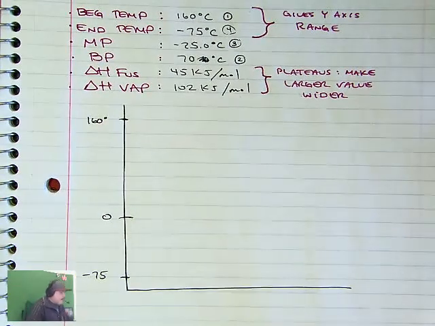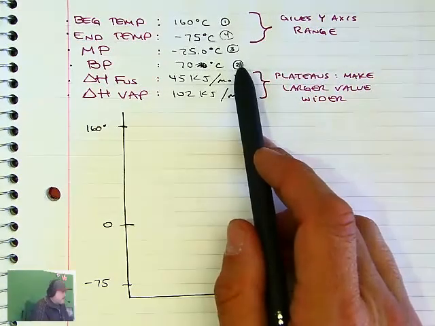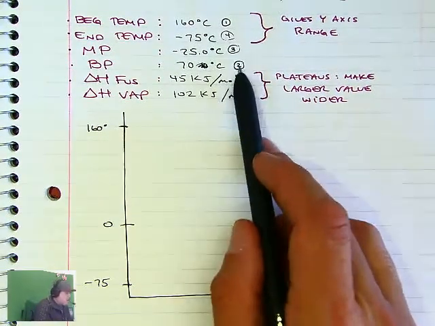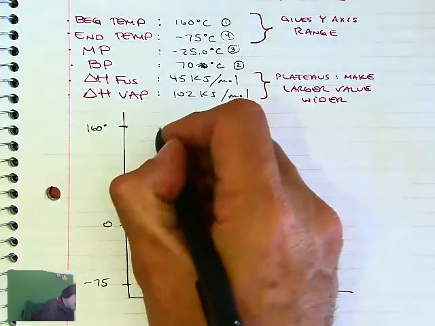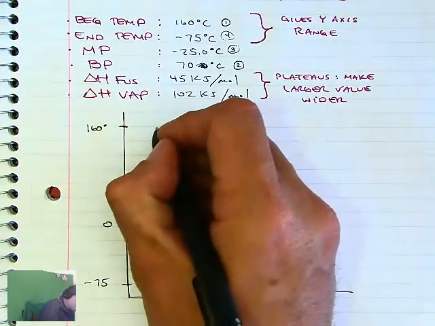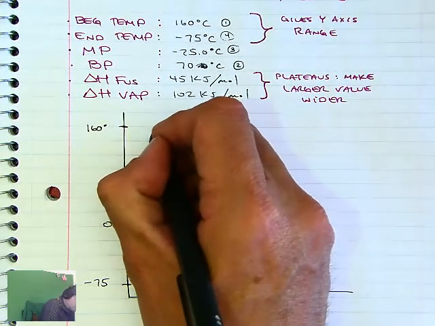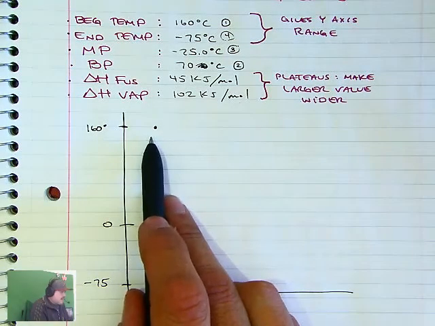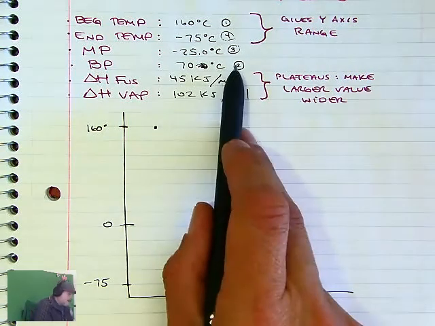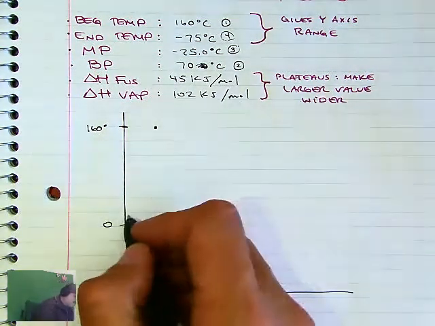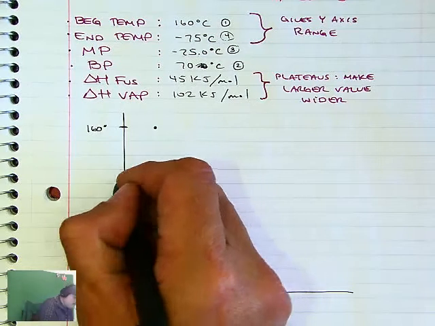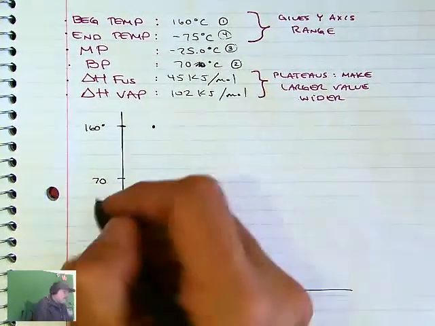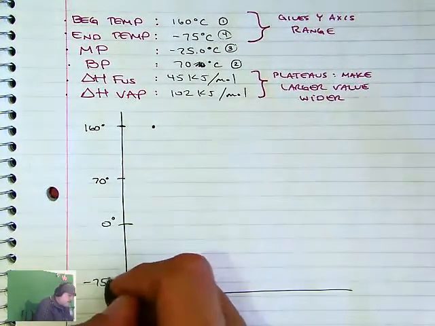Now I plot these from left to right, from highest to lowest, and that's why I order them. Number 1 is 160, so I'm going to put that right around there. Then I go to the next one and plot it over to the right a little. The next highest temperature is 70 degrees, probably somewhere around there. Again, these are just eyeball values.